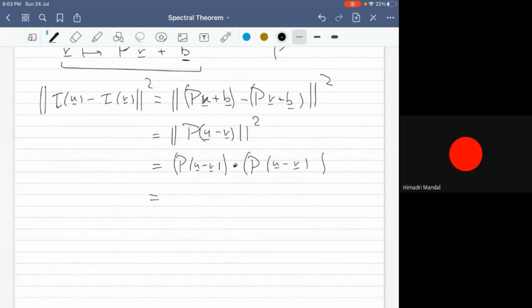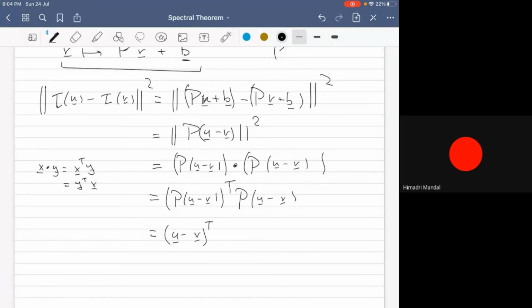notice that for column vectors x dot y is x transpose y and also y transpose x. So this would be pu minus v transpose pu minus v, which would be u minus v transpose.